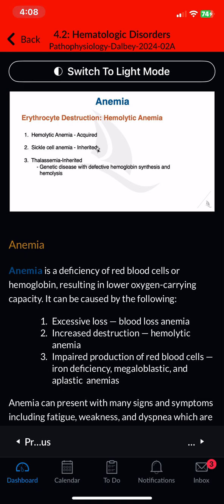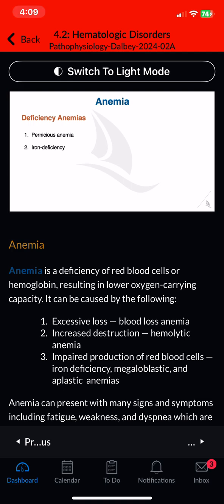Lastly, another inherited type of anemia is thalassemia, which is a group of genetic diseases that's common to Mediterranean, Asian, and African populations. And here, the genetic mutation causes defective hemoglobin and hemolysis. Low hemoglobin content in circulating red blood cells can also lead to anemia.